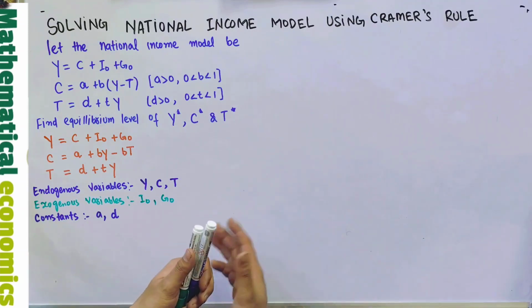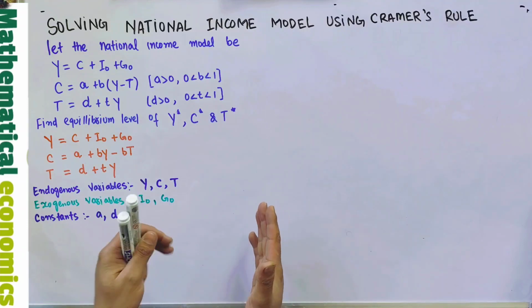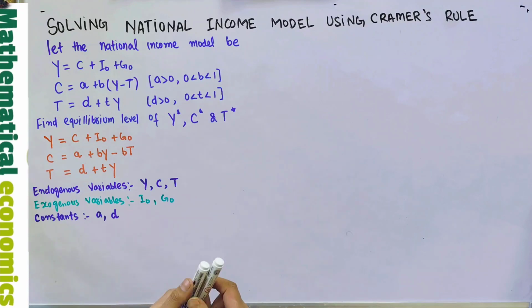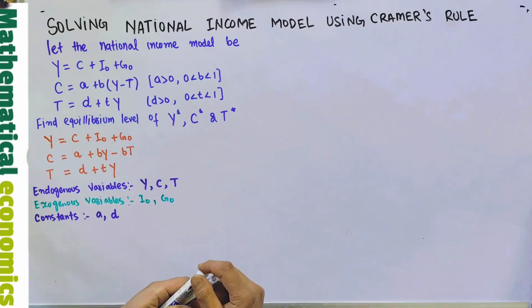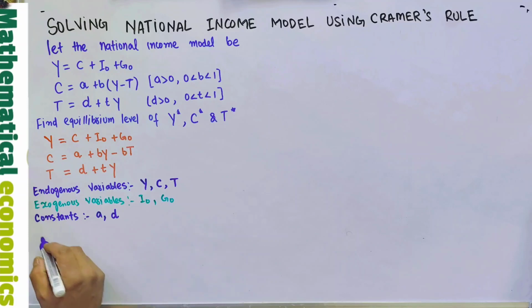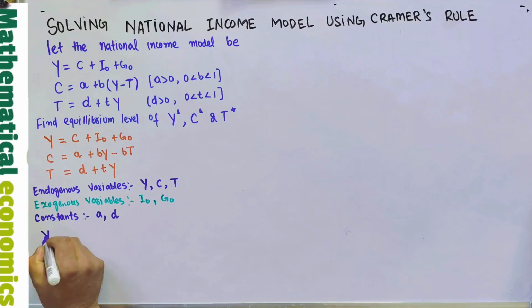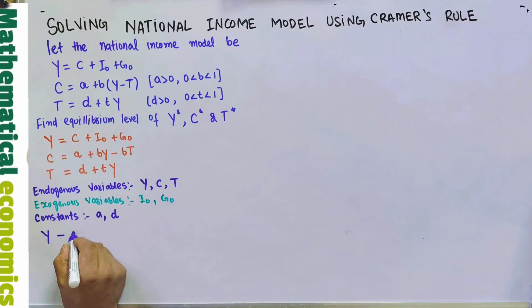Now to solve this using Cramer's rule, first we need to write these equations in a definite order. Let me show it here. First we write y, then transposing c, minus c.